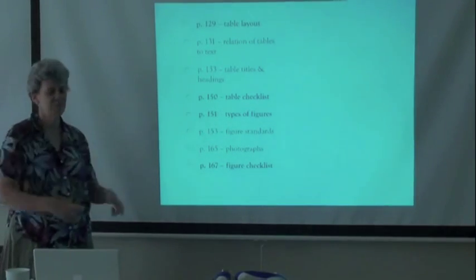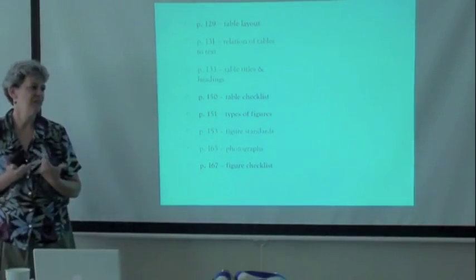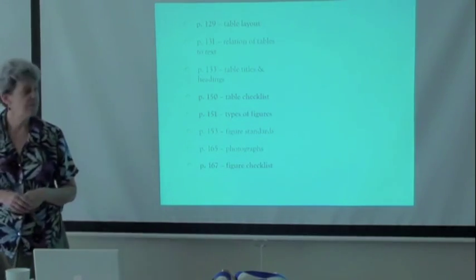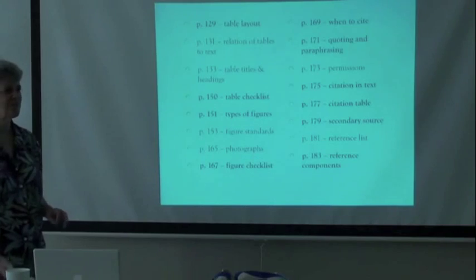The picture goes in the paper, and there's a way to do that. The checklist is on page 167, the very useful figure checklist, similar to the table checklist. If you're putting in a figure, you want to know about that checklist. So those are tables and figures.